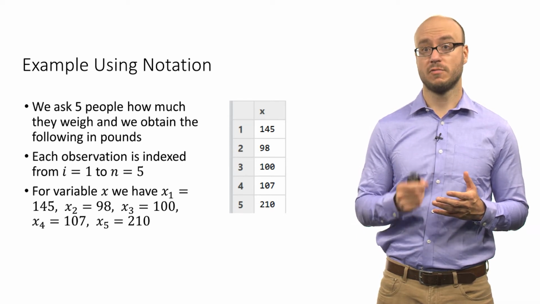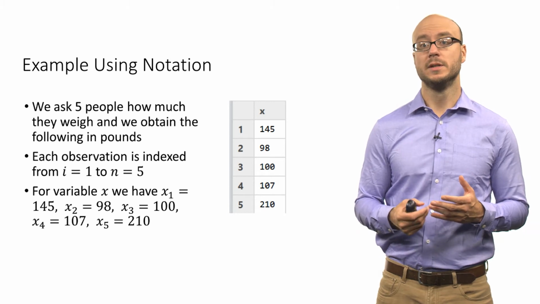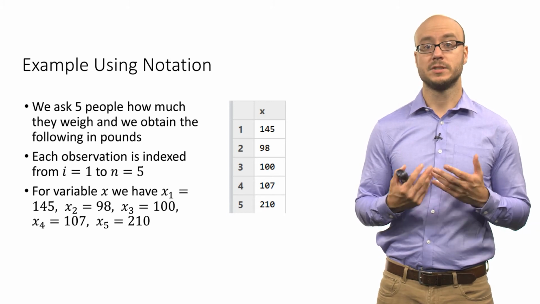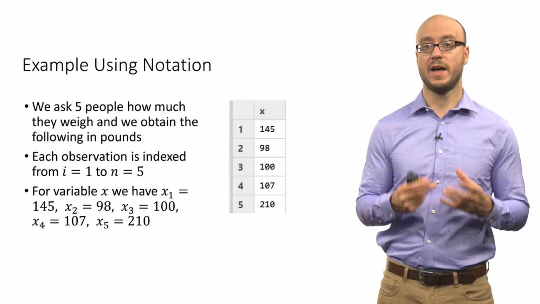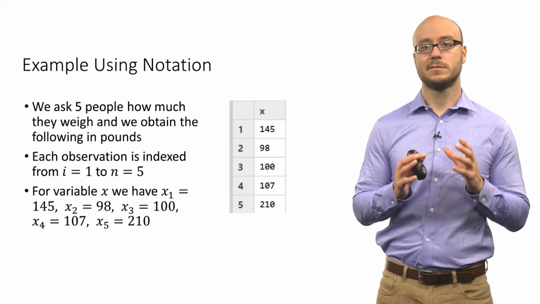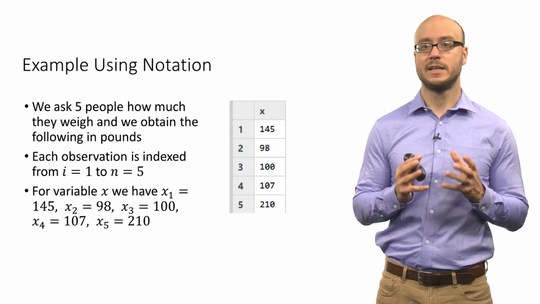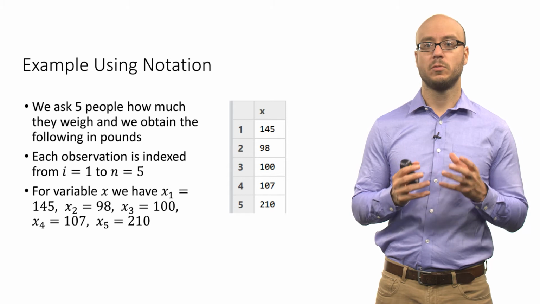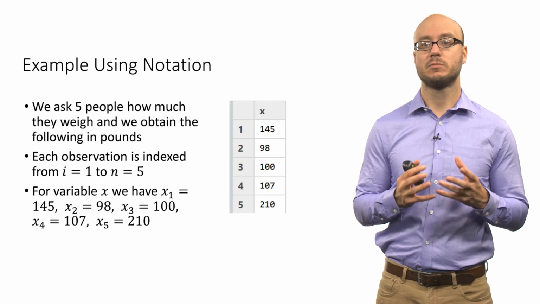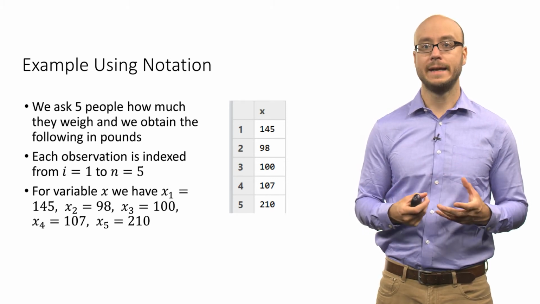That's the first row. X subscript 2 is the second row, which is 98, and so on to x subscript 5, which has a value of 210. Again, we like to keep track of our observations so that we have a concise way of talking about our data.